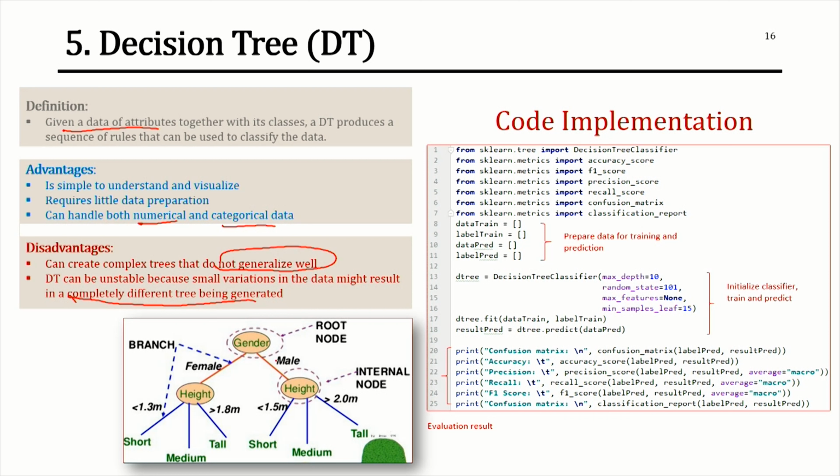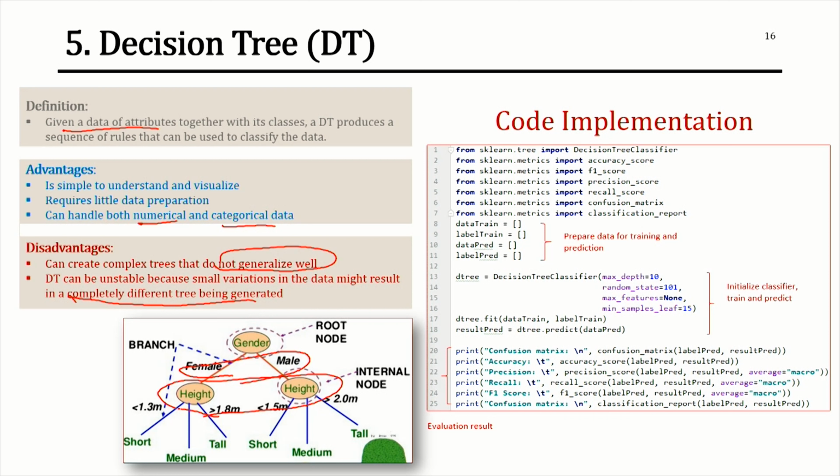Suppose that we want to identify whether a person is short, medium, or tall. First we will have a rule to check whether they are female or male, and next we will check the height. Depending on their height, they may fall into a category of short, medium, or tall. So this set of rules should be defined.